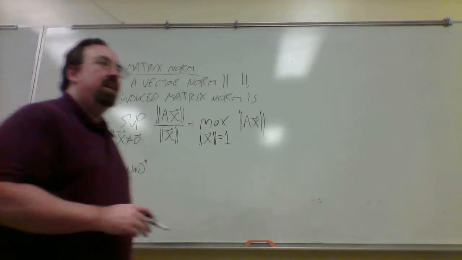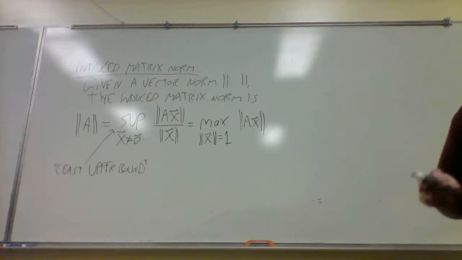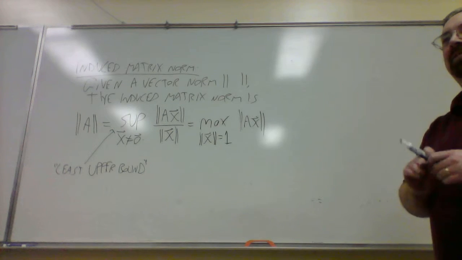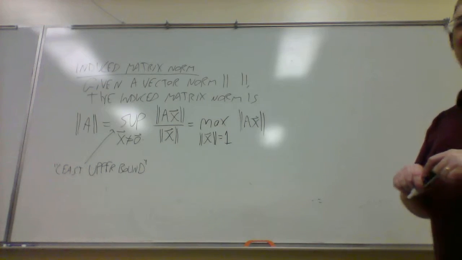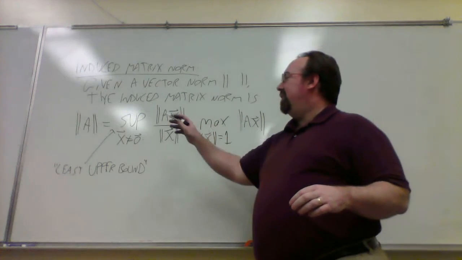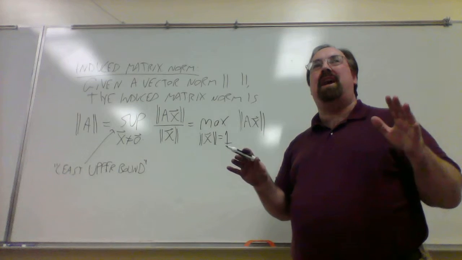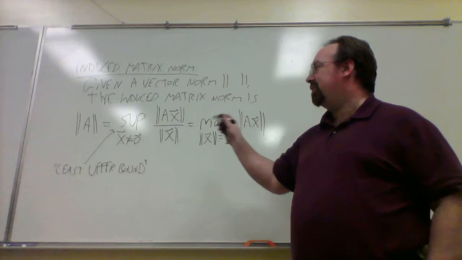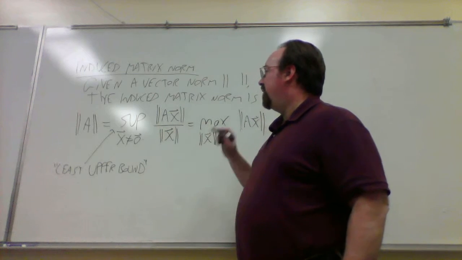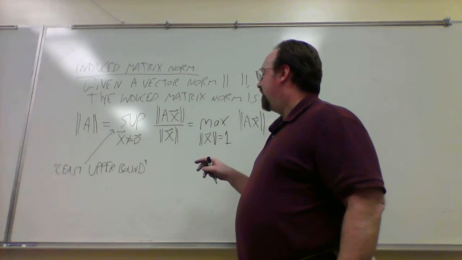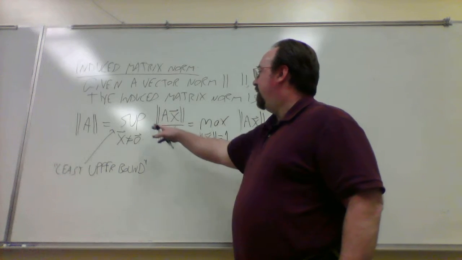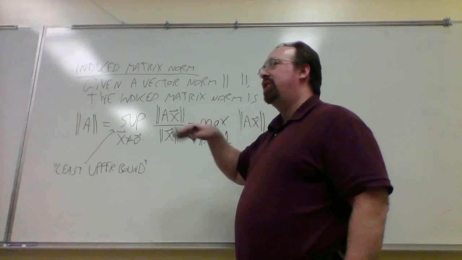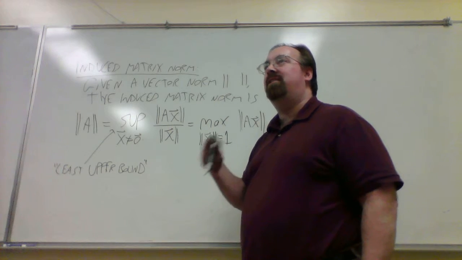Okay. Now, I'm going to get a little unrigorous here, but none of my colleagues are in the room, so whatever. Well, none from the math department anyway. Informally, you can think of sup like a maximum. But the reason why I can't say maximum in this case is we don't have a guarantee that the norm of A will actually be equal to the largest value we can get here. It may be approaching something arbitrarily close to it, but it may not necessarily touch it.